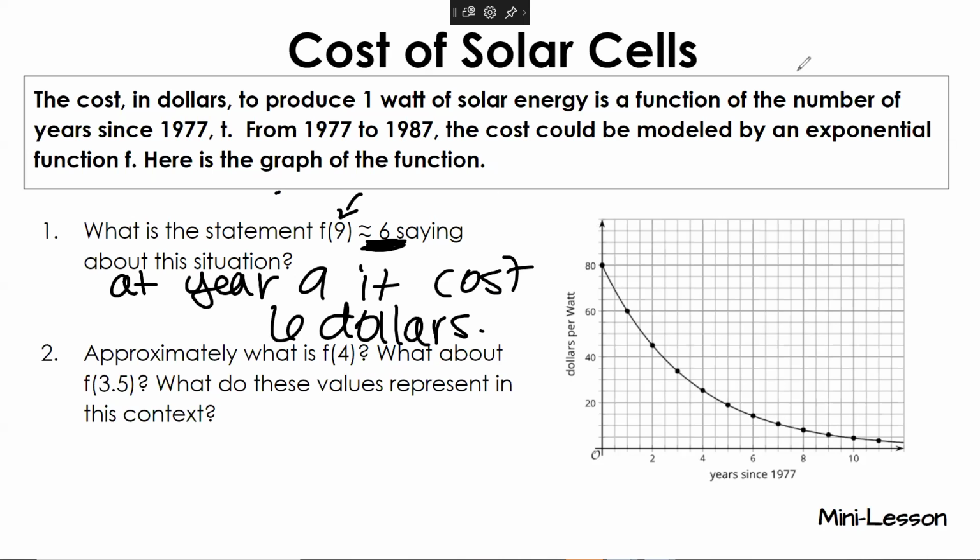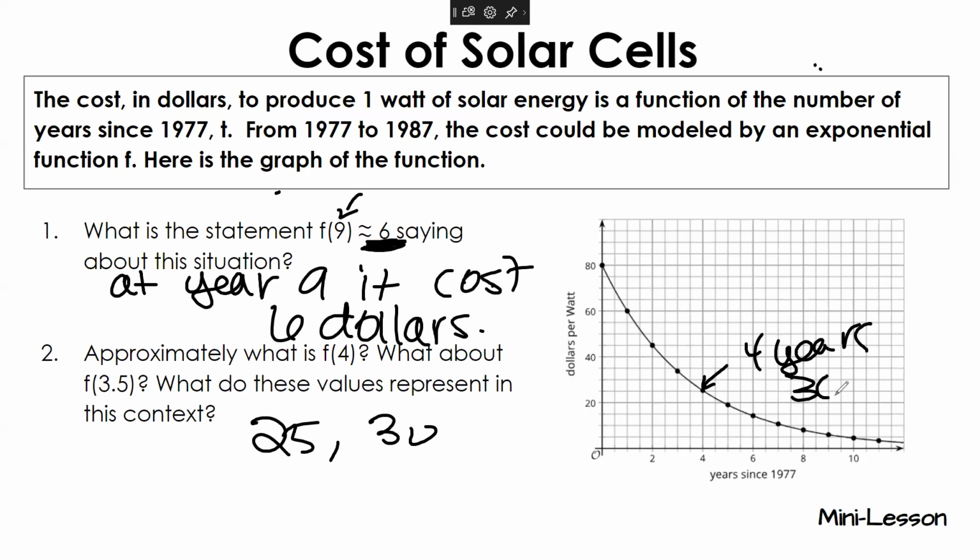Okay, and what do these values represent in context? So when x is 4, we got 30. That means 4 years later, it's $30. Or I'm sorry, $25. Does that make sense? Exactly. Okay. Y'all got it.